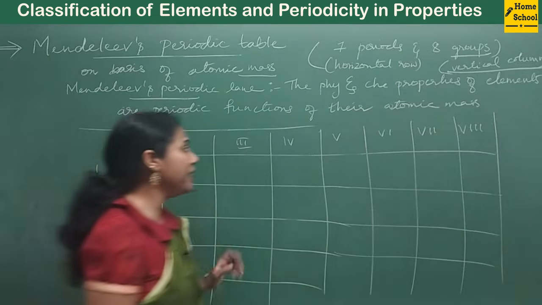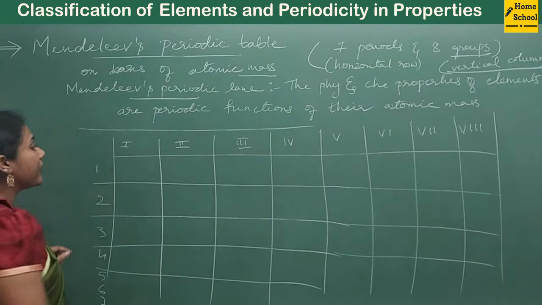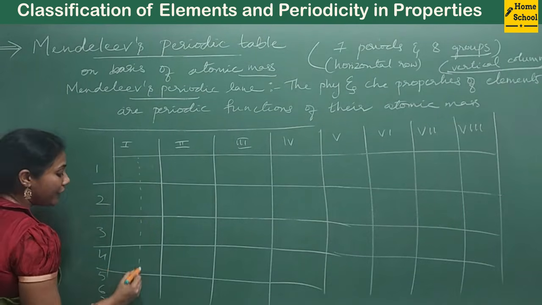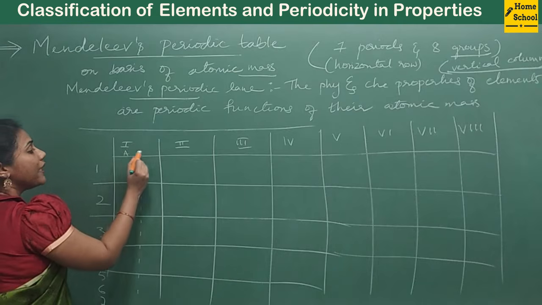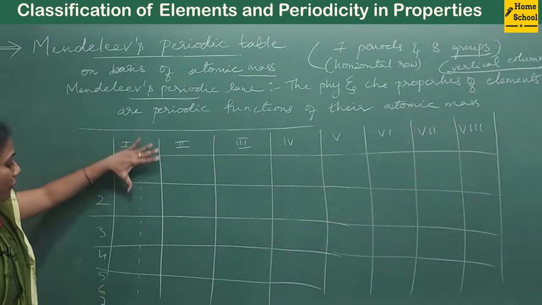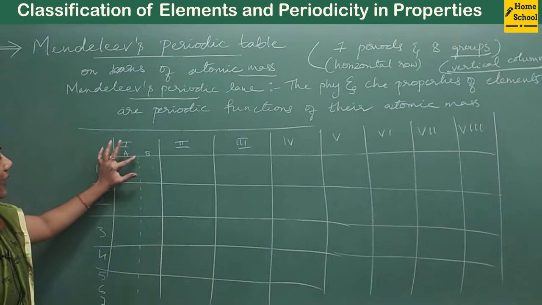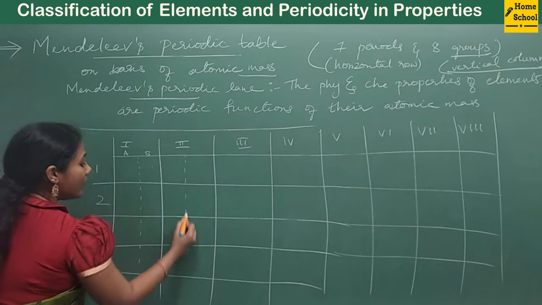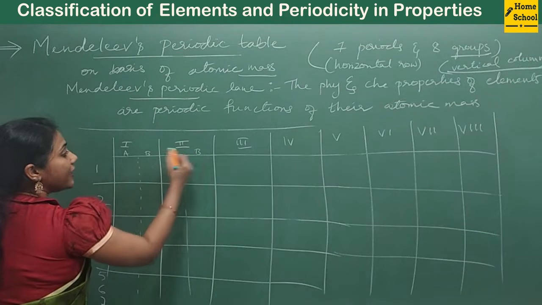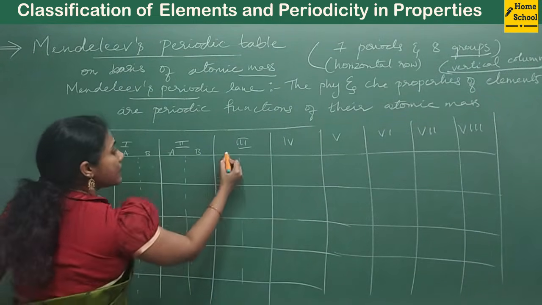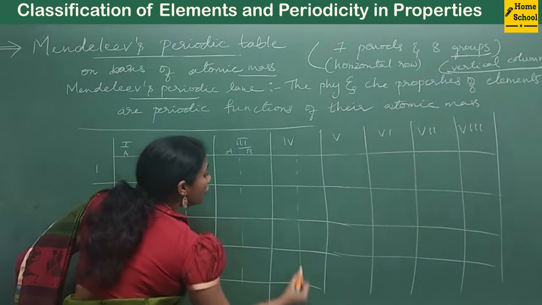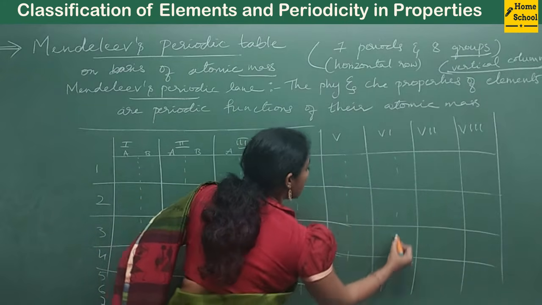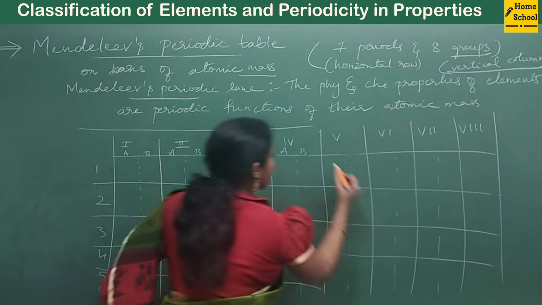And now listen carefully. Each and every group is again subdivided into two subgroups, group A and group B. This is our first group. The first group is subdivided into two subgroups, A and B. Like that, our second group is also divided into A and B, the third group is divided into A and B, the fourth also, the fifth also, the sixth also, and the seventh also.